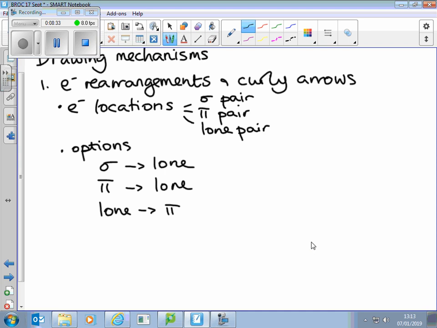The pointed end of the arrow ends by the atom that it's going to. Right? So you've got to be quite precise with these curly arrows, and it is showing you where the electrons end up on that.